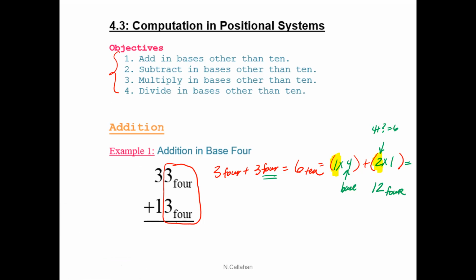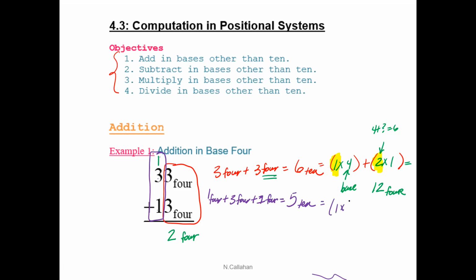Then here, you're going to put a 2 base 4 and carry the 1. And then you're going to focus on this piece right here. So 1 plus 3 plus 1 is 5 base 10. Again, you're going to have to convert this one more time.